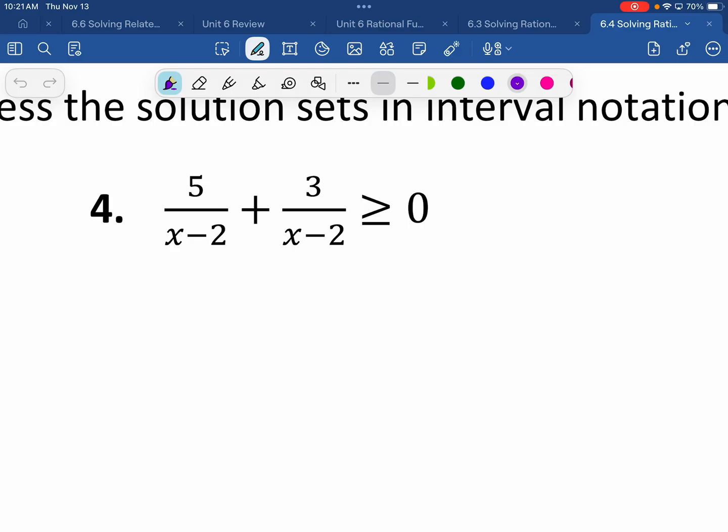They have the same denominator, so we can add these up and make it 8 over x minus 2. And when there's a number in the numerator, that doesn't do anything. It's always positive. It's not going to give you any critical points because there's no x with it. So this number line would only have 2 on your number line.